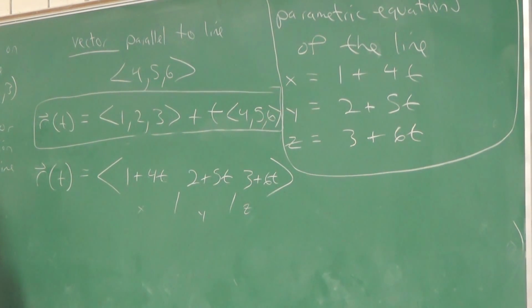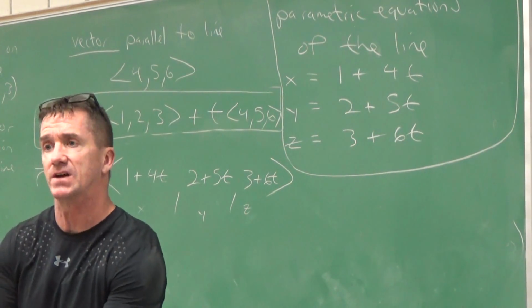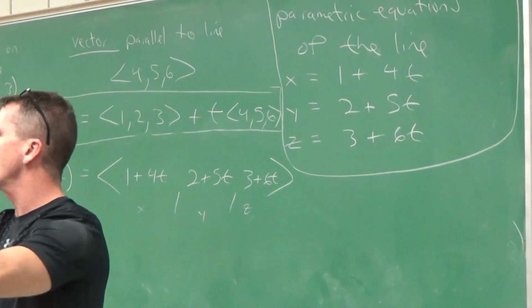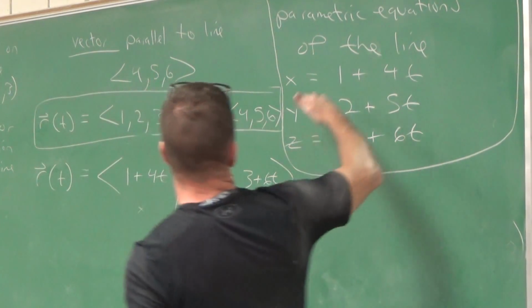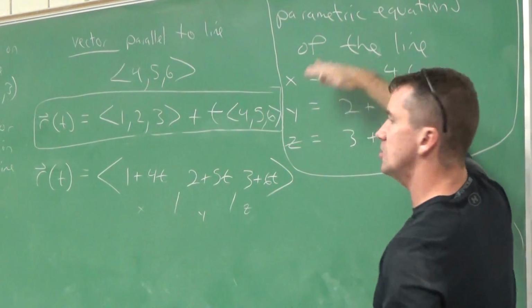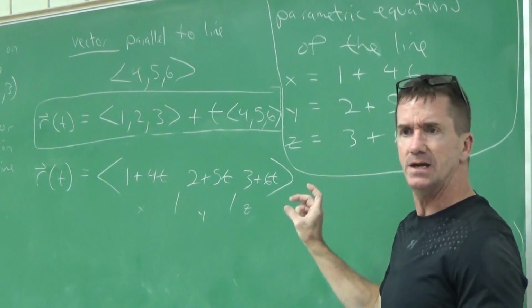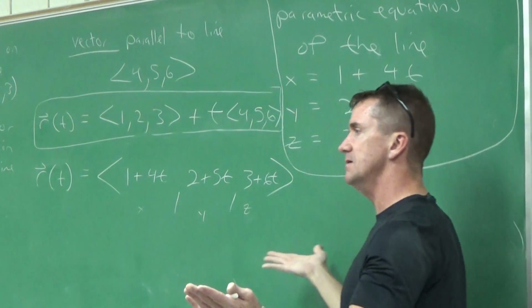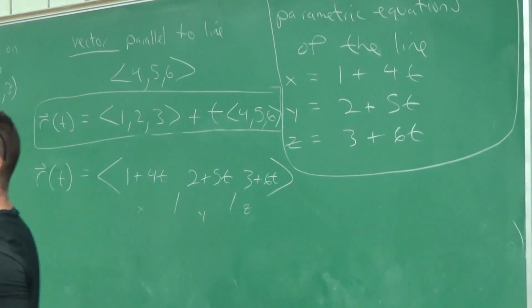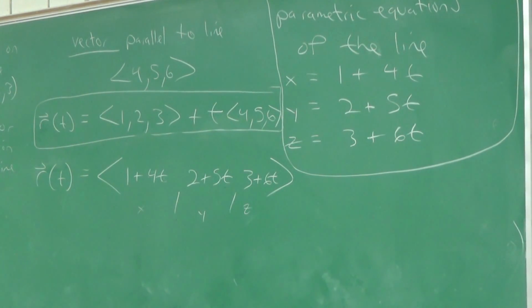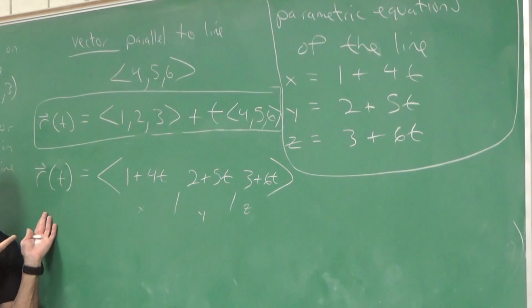But sometimes you'll notice the directions are specific, and they'll say, write the parametric equations of the line. Then they want you to write them like this. You can write them vertically, you can write them horizontally. If you write them horizontally, you might want to put commas between them, because you'll have those three parametric equations of the line. But please, feel free to write these lines as a vector.